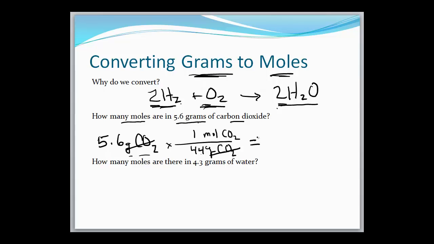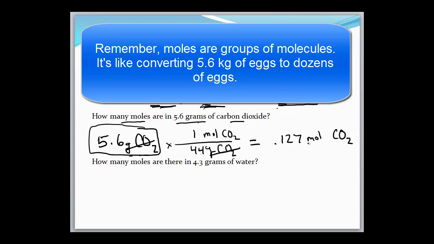When we do the math here, we can do 5.6 divided by 44 gives us 0.127 moles of carbon dioxide. So all we did here was convert a physical entity. In other words, we know how much 5.6 grams of carbon dioxide is, and we converted it to this idea of moles. This way we could use that value in a chemical equation.